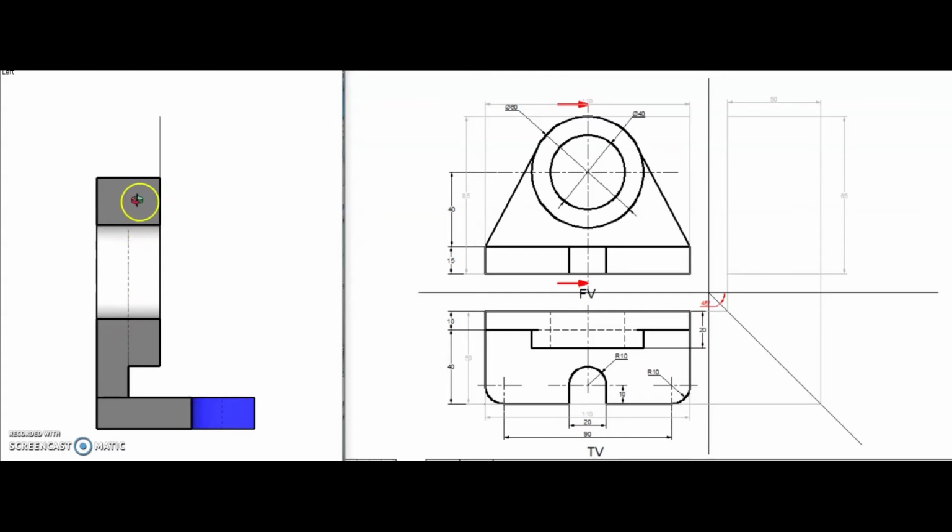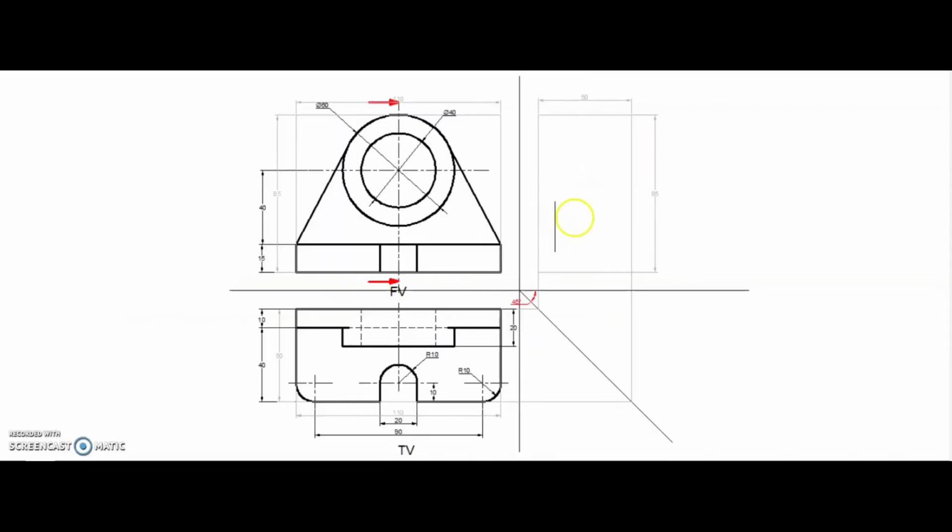So after identifying where the material is actually cut by the section plane, we try to show these areas in the side view. Now consider first this portion.